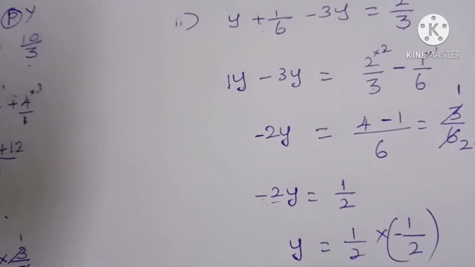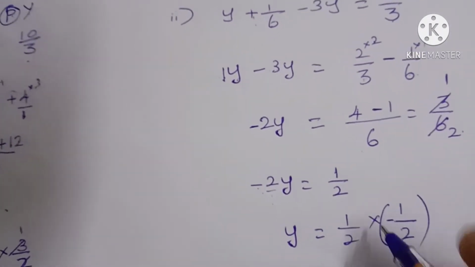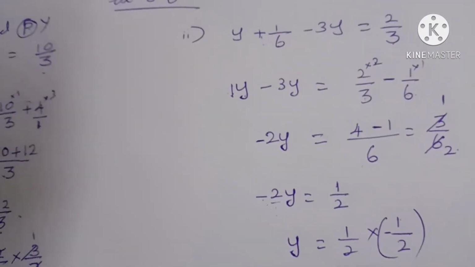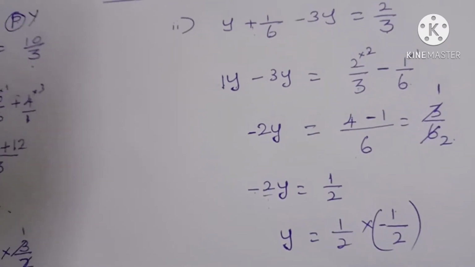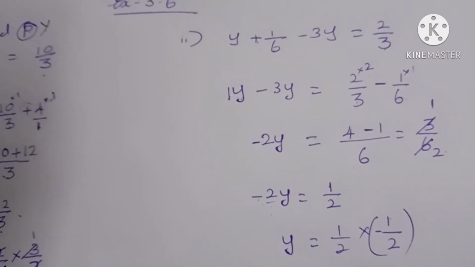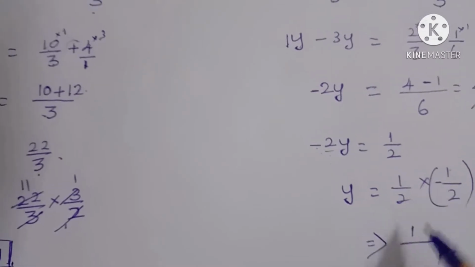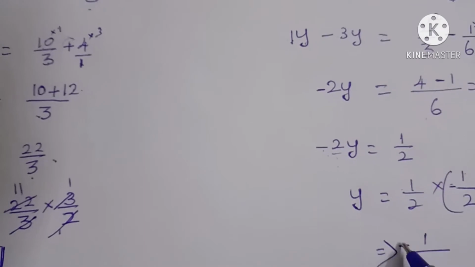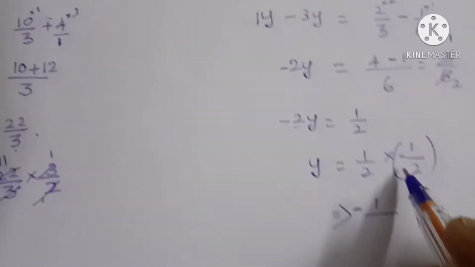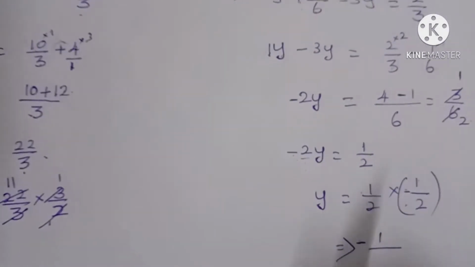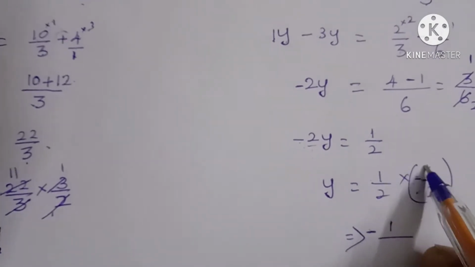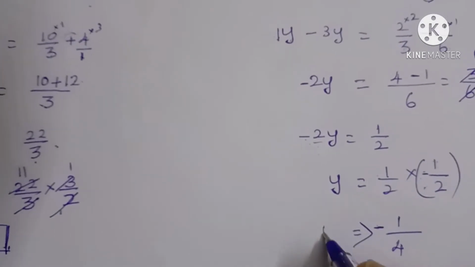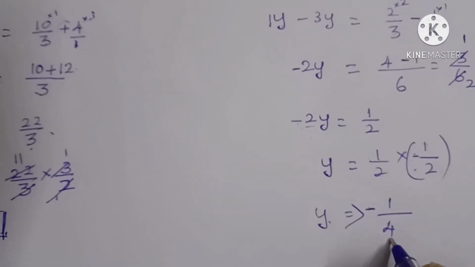Minus 1 by 2, which is equal to 1 into 1. 1 into 1 is 1, plus into minus is minus. This minus you should keep as common because the denominator should not carry the minus sign. That's why we are taking the minus to the numerator. Then 2 into 2 is 4. So y is equal to minus 1 by 4.